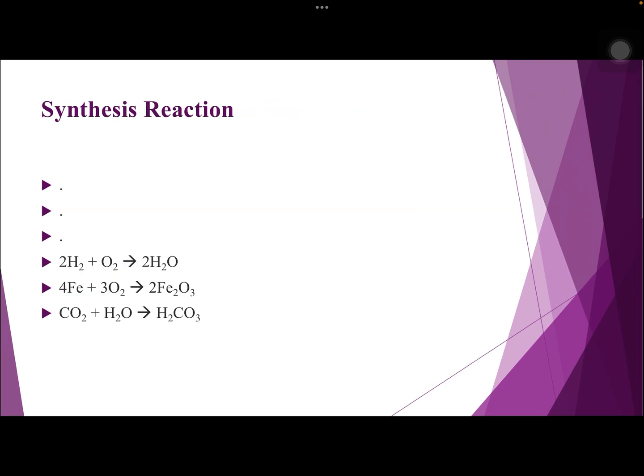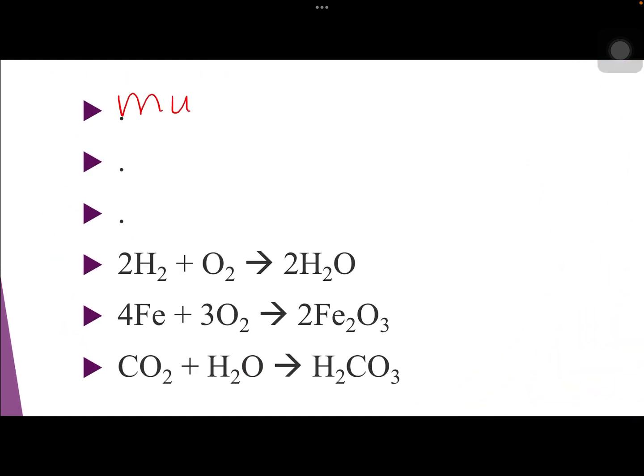So first of all, we're going to look at a synthesis reaction. So a synthesis reaction is when you have multiple reactants. Remember, reactants are on the left. That's what's reacting. And you have a single product.